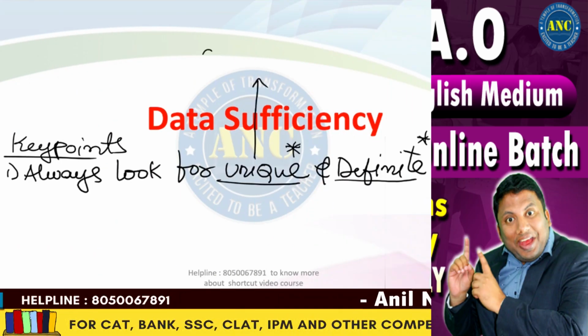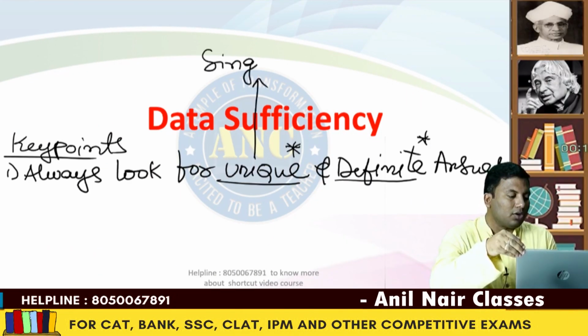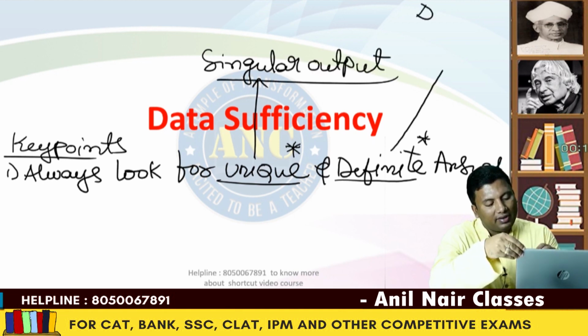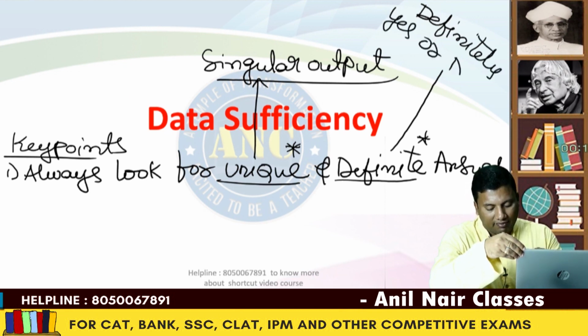Unique means singular output. What do you mean by definite? Definite means I should definitely say yes, or I should definitely say no. Definitely yes or definitely no.